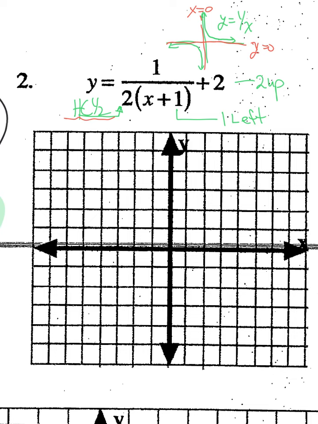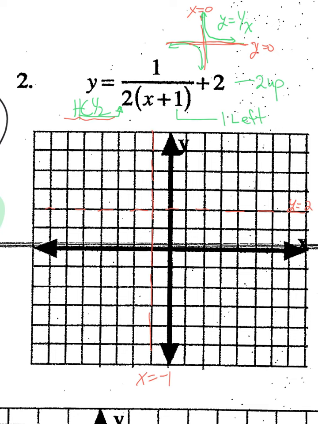The only thing that's going to move it is the horizontal one will move when I put it 2 up, and the vertical one will move when I shift it 1 to the left. Okay, so here are my asymptotes at x equals negative 1 and y equals 2.